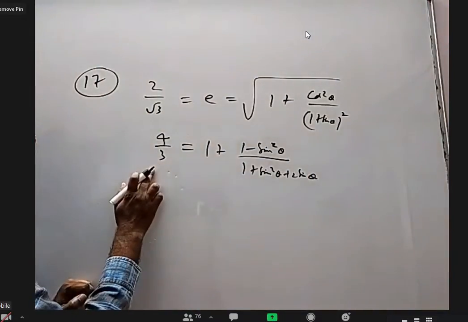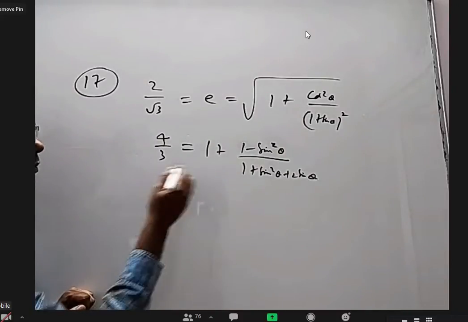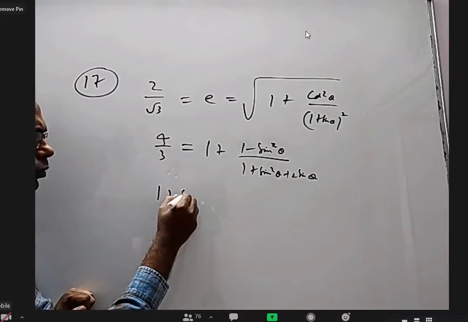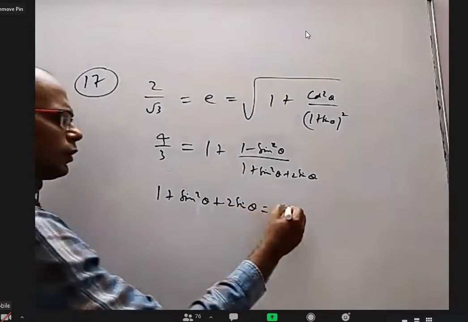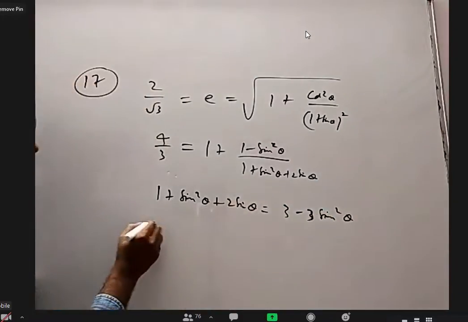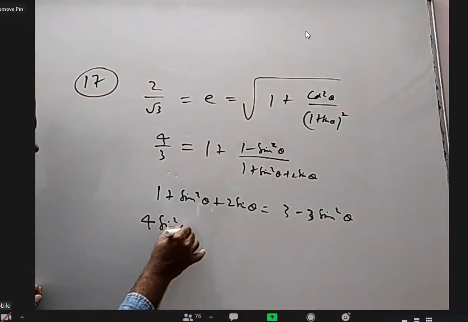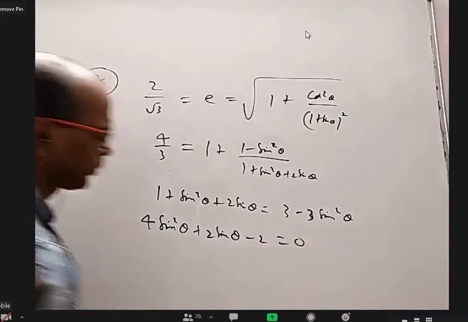So I bring this here, it will become 1 by 3. And I can do cross multiplication. I'll get 1 plus sine square theta plus 2 sine theta is 3 minus 3 sine square theta. When I bring it, it will be 4 sine square theta plus 2 sine theta minus 2 equal to 0.